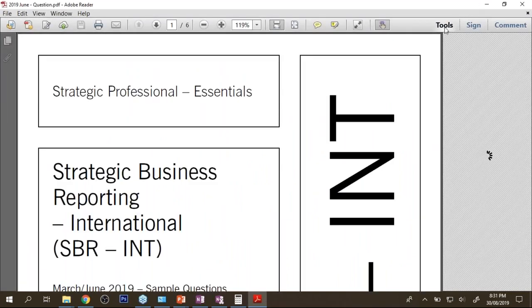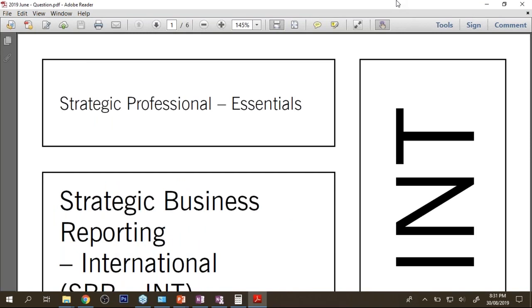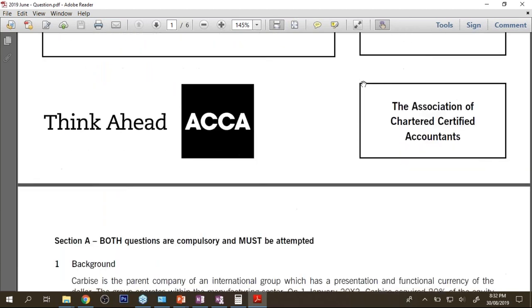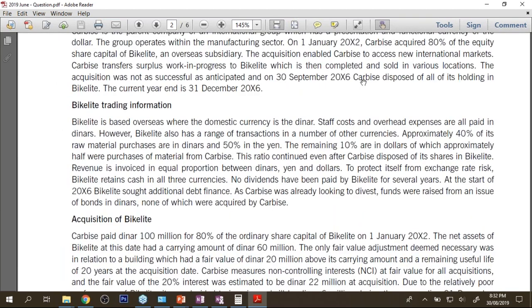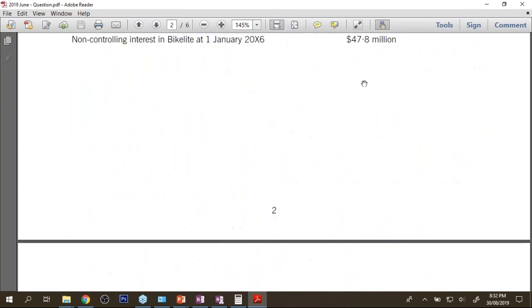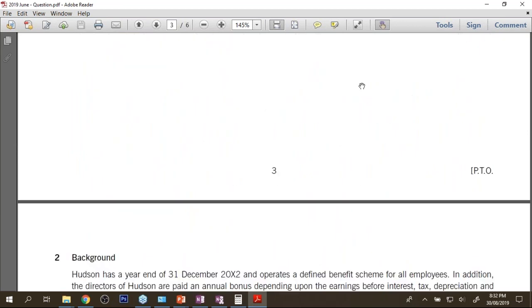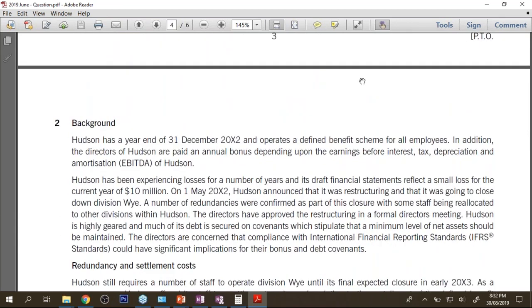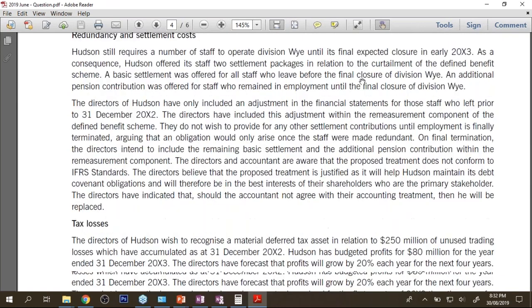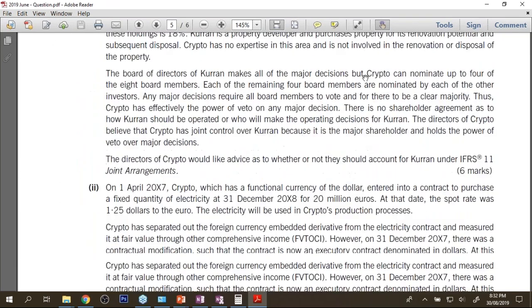Jagmeet, we will not be continuing the hedging because today we are focusing more on these areas. So if I go downstairs in March 2019 exam, this is the question of March, but as the March June hybrid paper is being published, you can find it by the name of March June 19 on the ACCA's website.